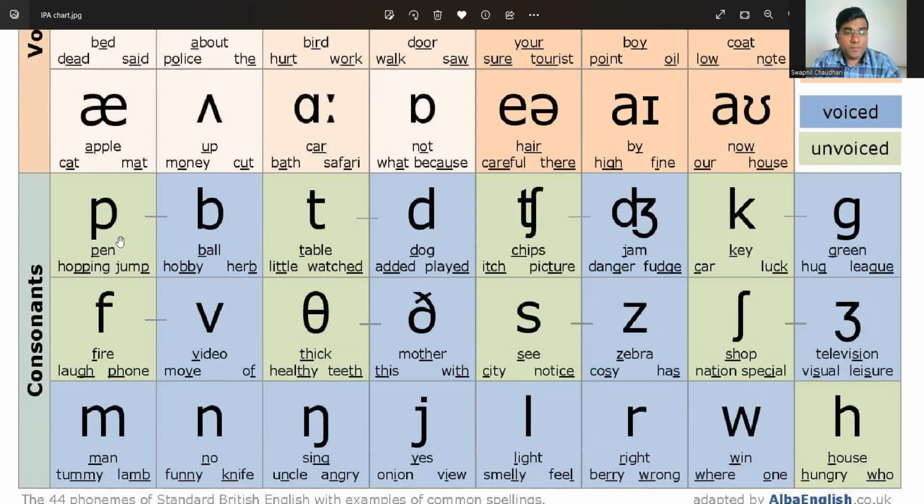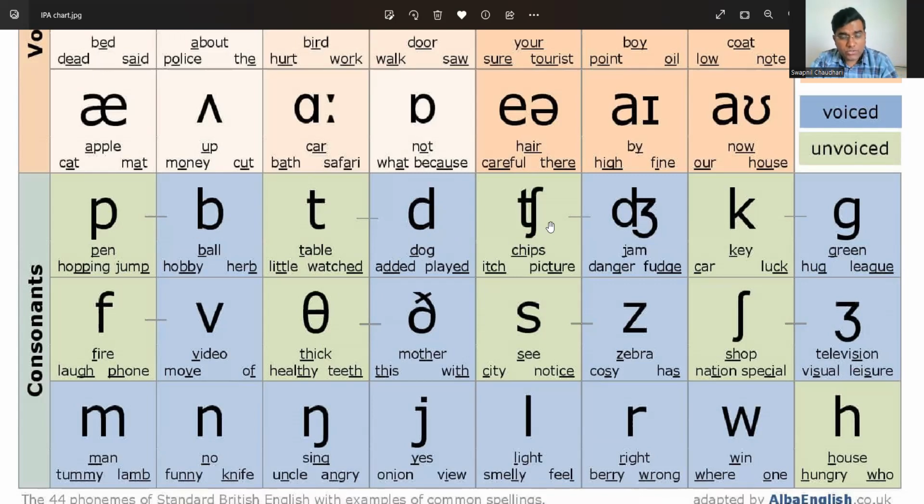And then we have the p sound, as in pen, hopping, jump, represented by small p. Then we have the b sound, as in ball, hobby, herb, represented by small b. Then we have the t sound, as in table, little, watched, represented by small t. We have the d sound, as in dog, added, played, represented by small d.